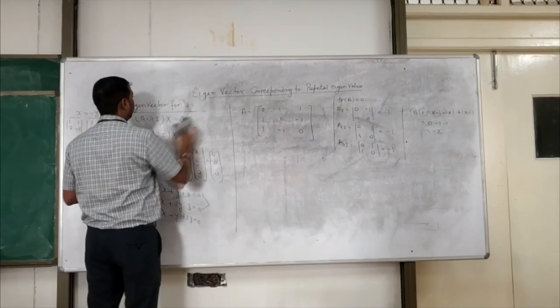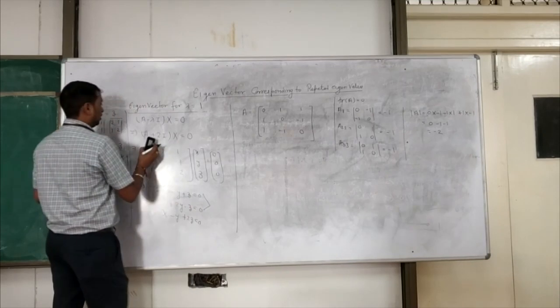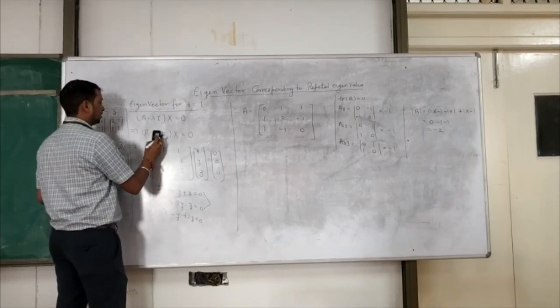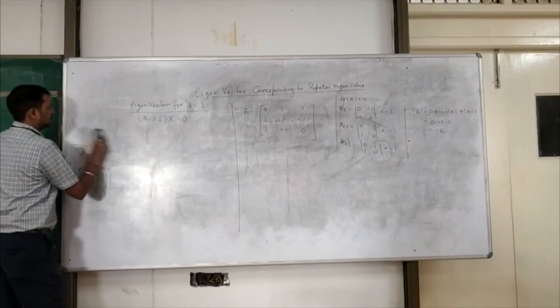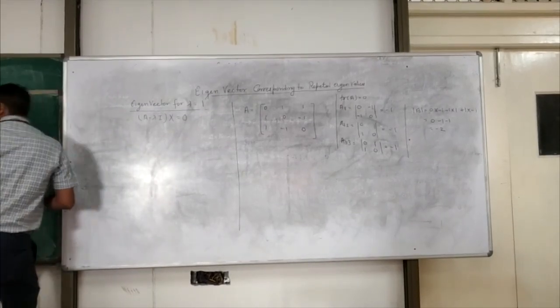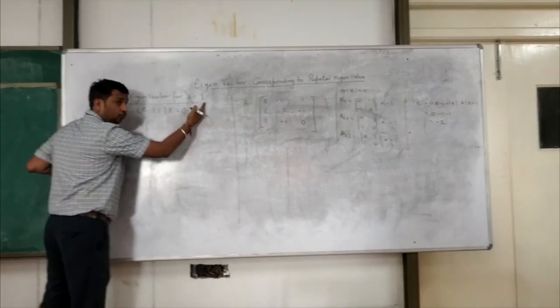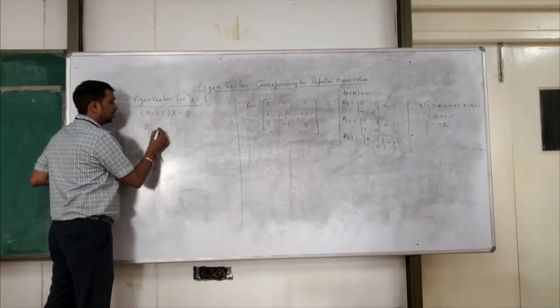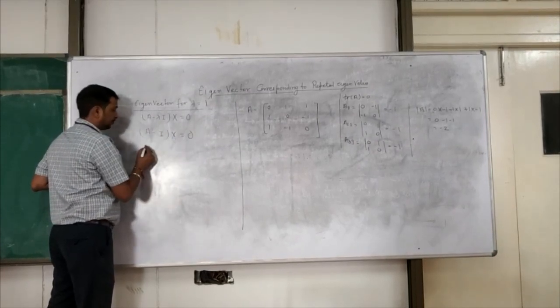Eigenvector for lambda is equal to what? 1. This part is very important. What is the lambda value? 1. (A minus I) X is equal to 0.